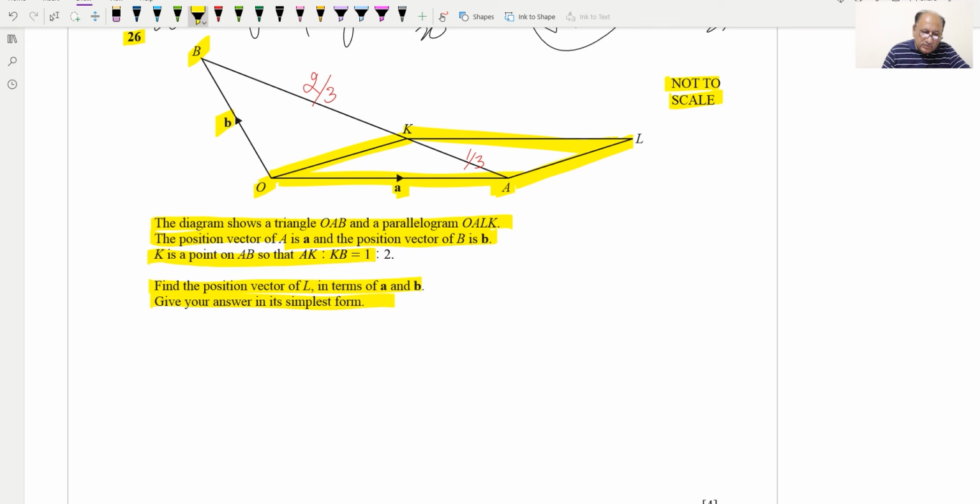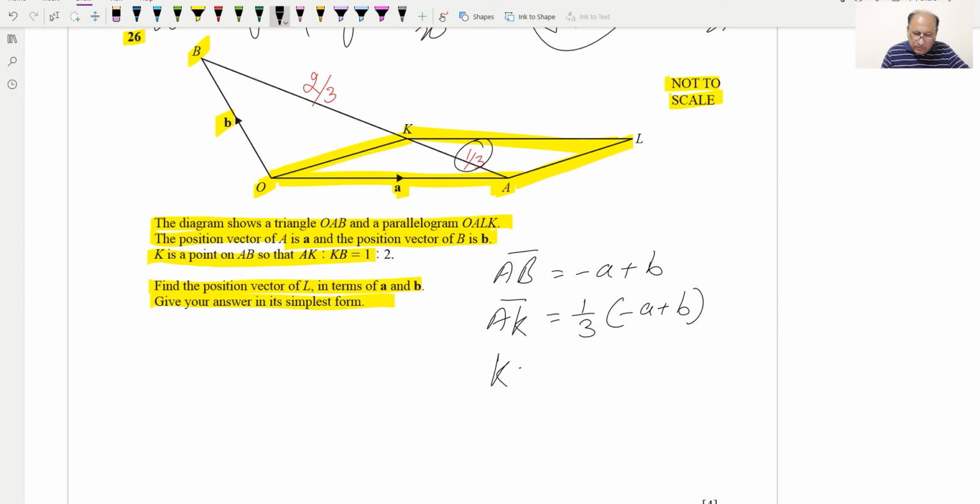First of all, we can find AB. AB vector will be equal to minus a plus b, taking this route. So AK vector will be equal to 1/3 of minus a plus b, because the direction will be the same as AB, so it will be 1/3 of this one.